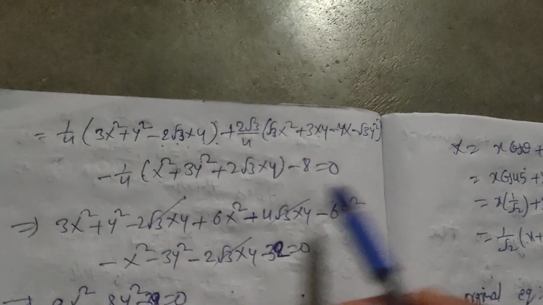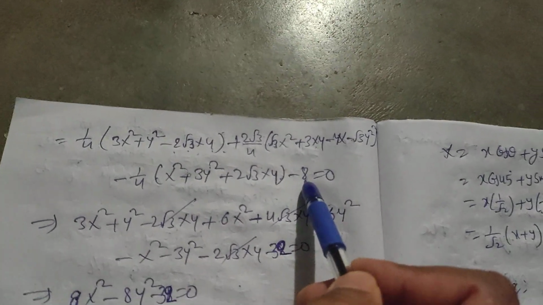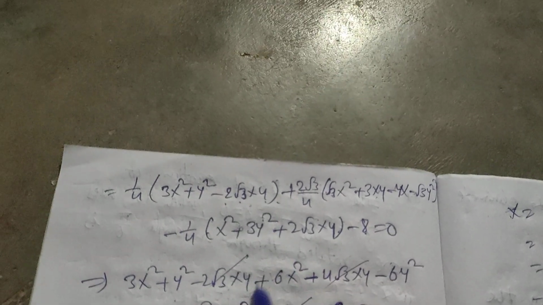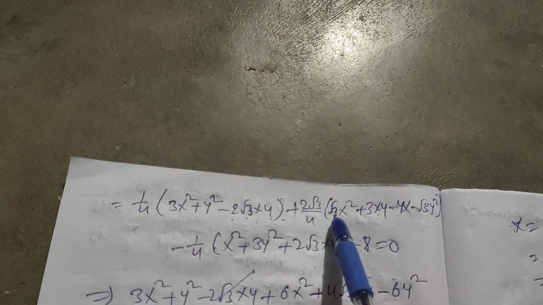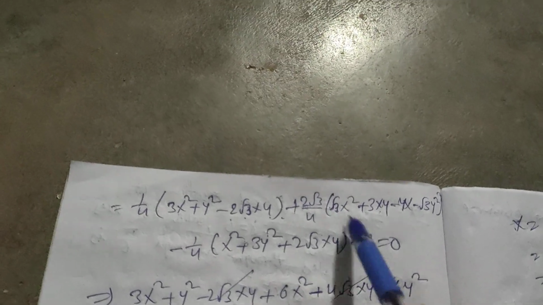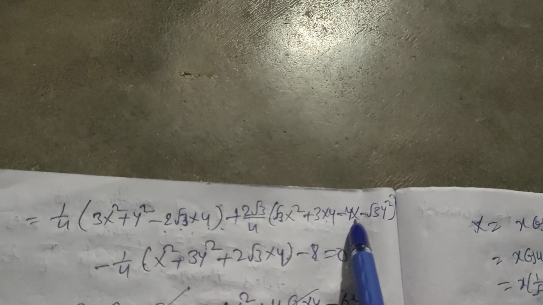Now if you take 1 by 4 LCM and transpose this side, that becomes 0. So if you take 4 LCM here, then write the numerators as they are, and here you multiply 4 to 8. Then what you have: 3x square plus y square minus 2 root 3 xy, plus 2 into root 3 into root 3, 2 threes are 6x square, minus here 3xy minus xy means 2xy.